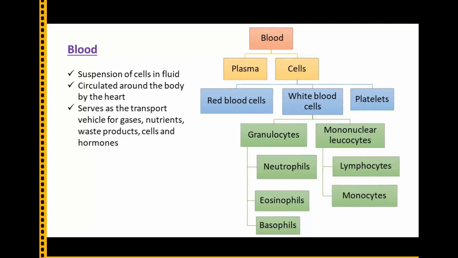It carries oxygen from lungs to tissues, carbon dioxide from tissues to lungs, other metabolic waste products from tissues to the organs where they are eliminated from the body, and hormones from endocrine glands to the effector organs. So it is the vehicle or the transport.